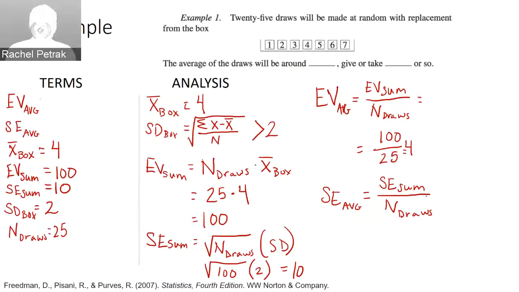So nothing shocking here. 10 over 25. Did I sum the expected value of the sum?